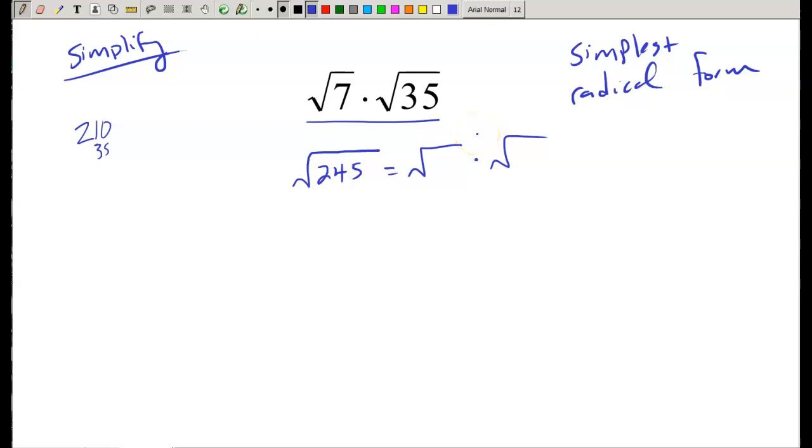245, you could use a calculator. You can do this a couple of different ways. Think about all your perfect squares here.